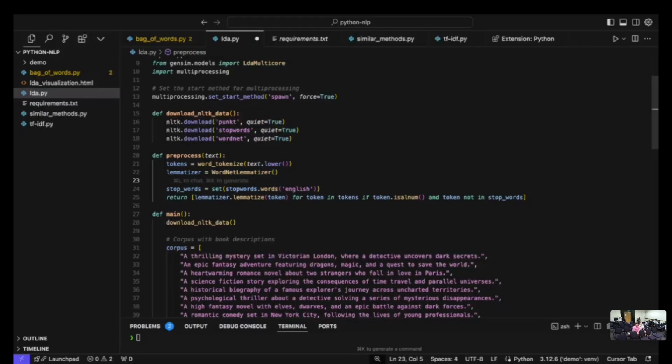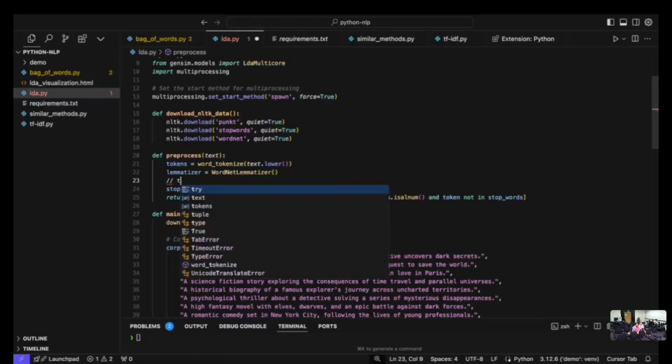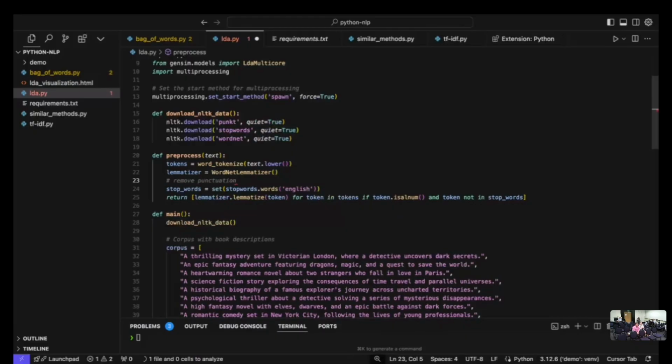What I mean by that is, if I have a word like 'ate', how does the lemmatizer know it relates to 'eat'? It needs to look at a dictionary, and this is where WordNet comes into the picture.